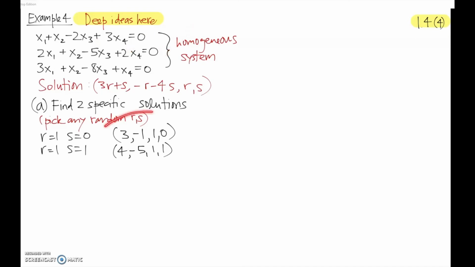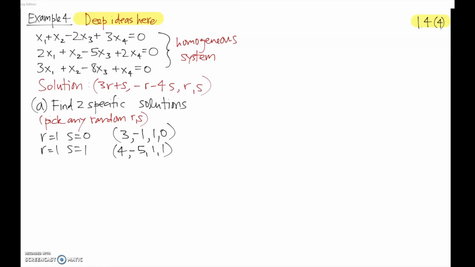That one works. This solution again would be 3 times 3 is 9, minus 1 is 8, minus 8 times 1 is 0, plus 0 equals 0. Okay, this is definitely a solution. We could take the time and check that one too, but I promise you it is a solution.